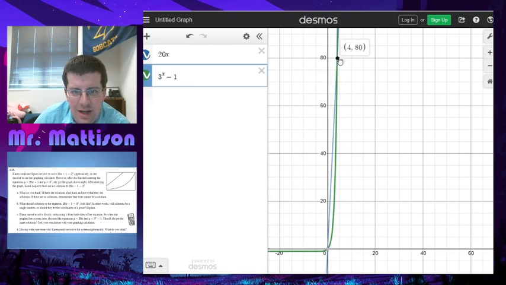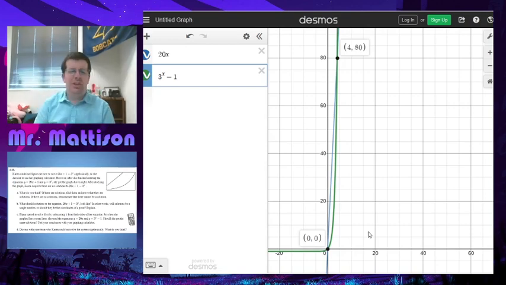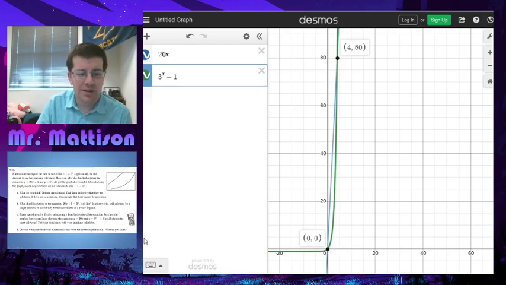Well, my intersections are now here and here, which is still 0 and 4. Because again, I only care about the x values. I don't care about the point itself. So I get the exact same solution, which makes sense. Because if we're doing those basic algebra steps, we shouldn't ever be changing what our answer is going to be. So we should still get the same answer no matter how we affect or change those particular things.